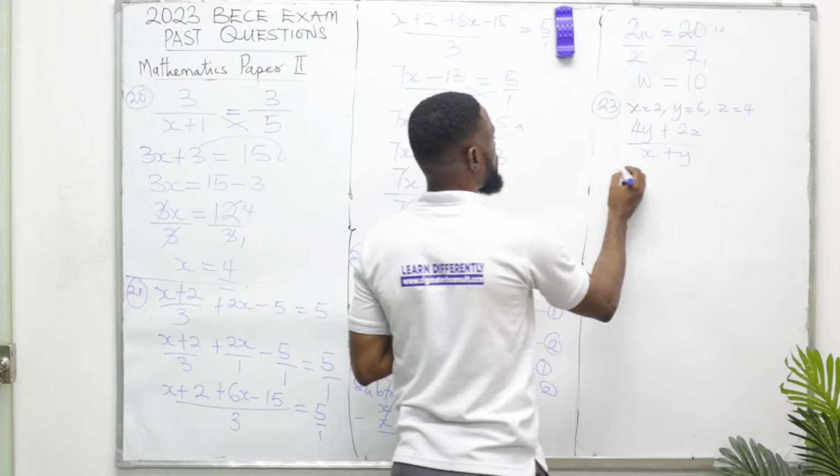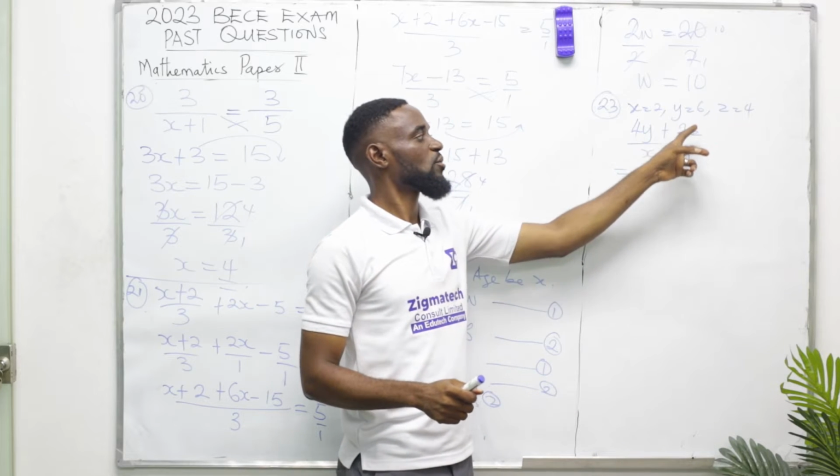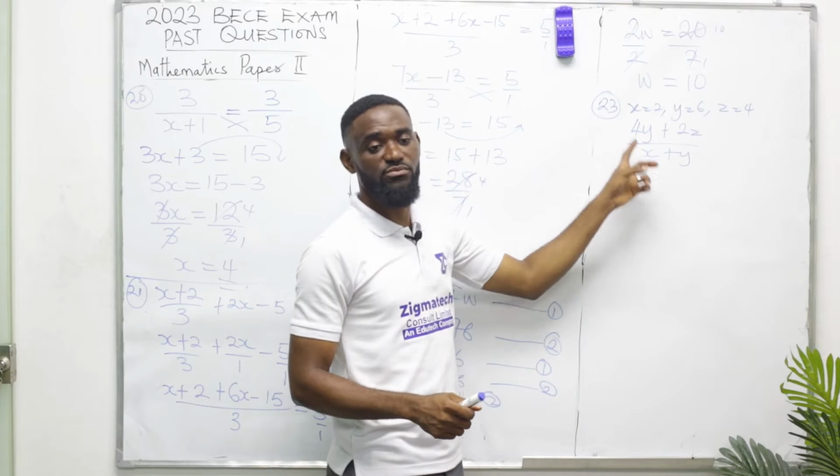So this substitution means wherever you have y, put the value of y. Wherever you have z, put the value of z. Wherever you have x, put the value of x.